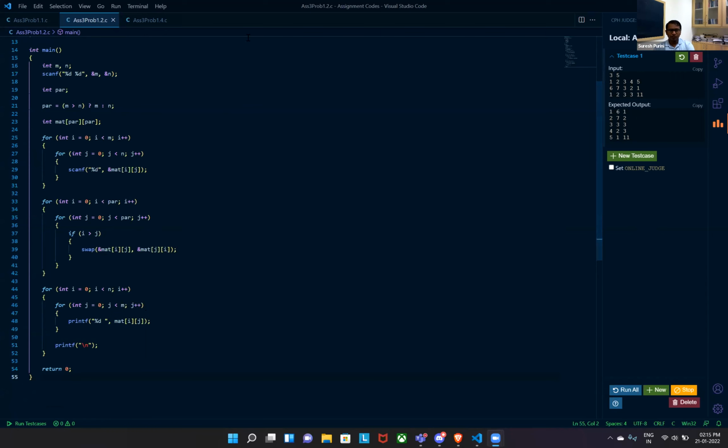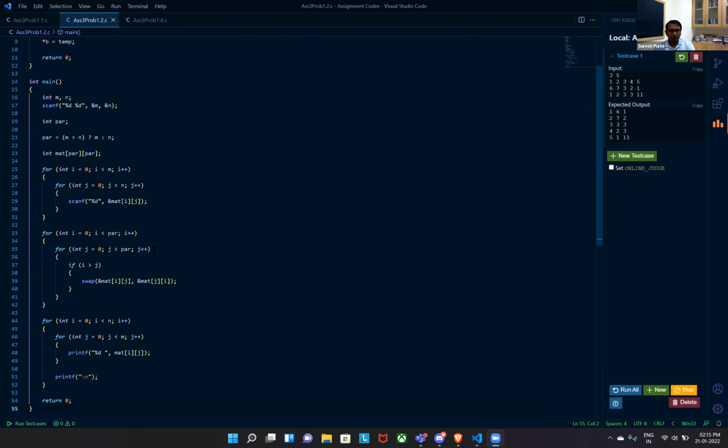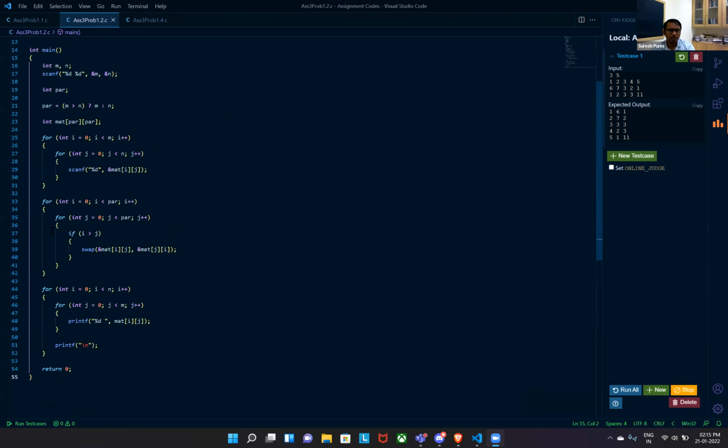The strategy works, but the memory required is not strictly MN. It is max(M,N) squared, where max is the maximum of the two. Okay, got it. Understood your strategy. Thank you, Gaurav.